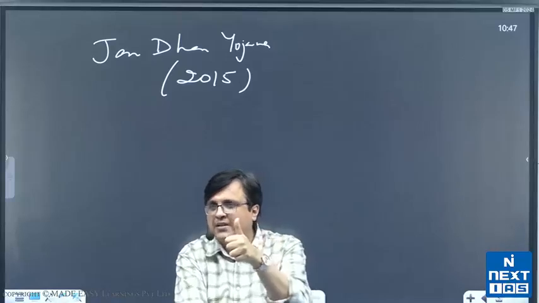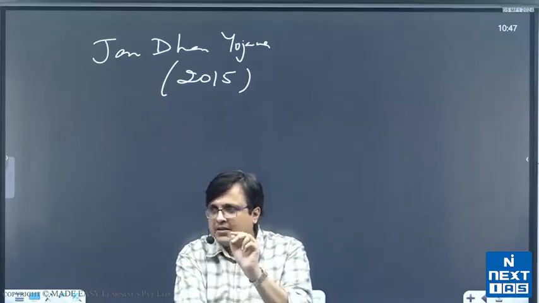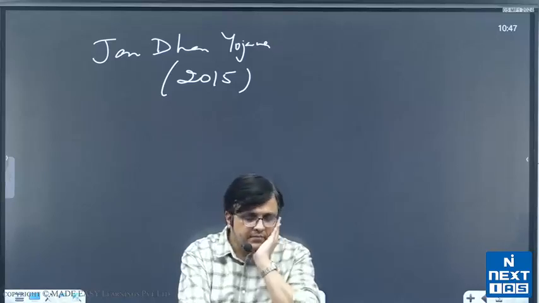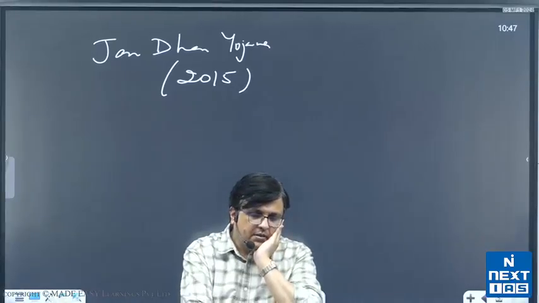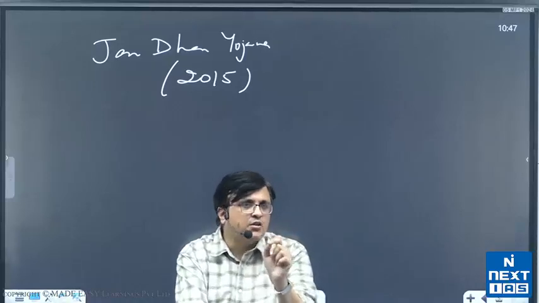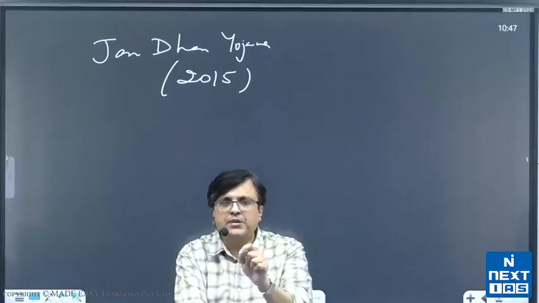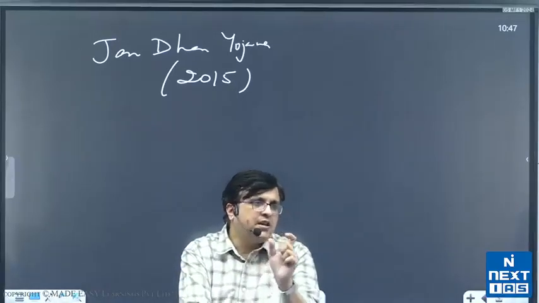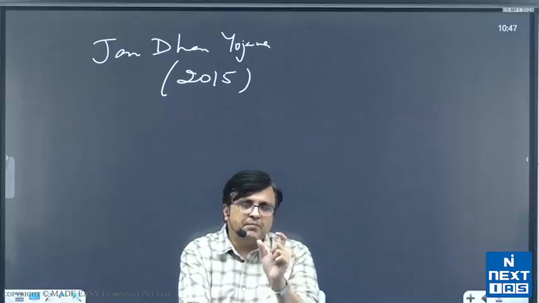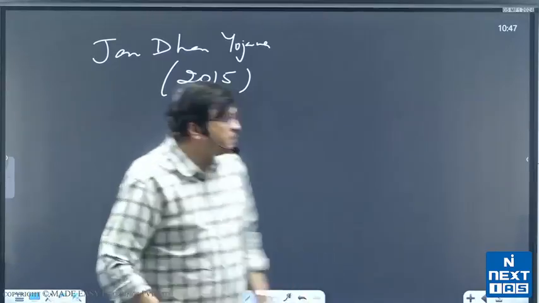You write just a point within that. The first was banking inclusion. You write 2, credit inclusion. Second, credit inclusion. And within credit inclusion, you write another sub point, PM Swanidhi scheme, SVANIDHI.